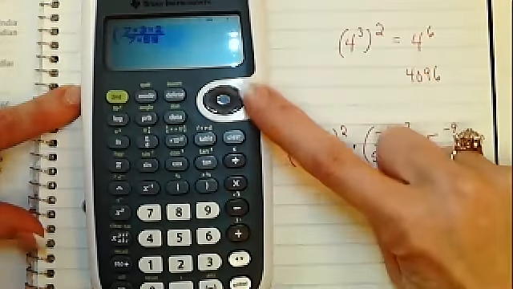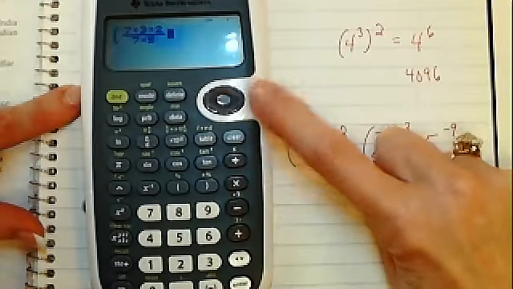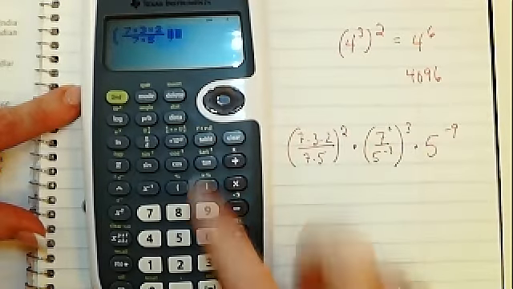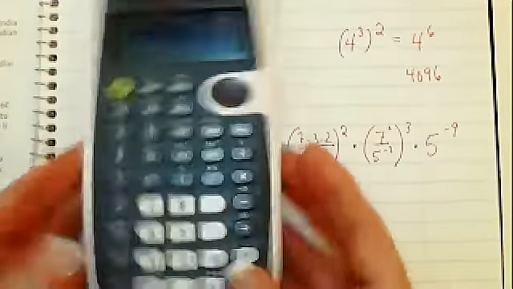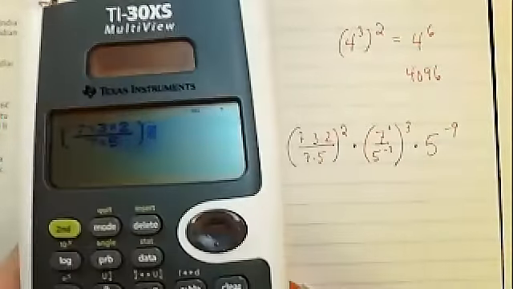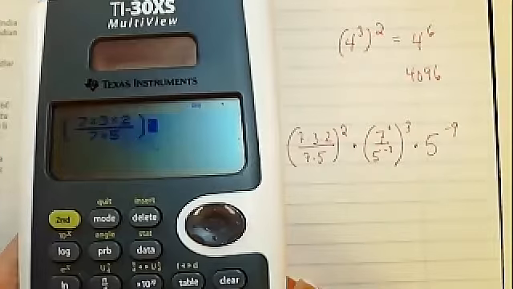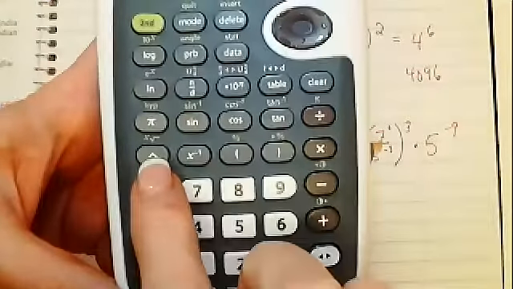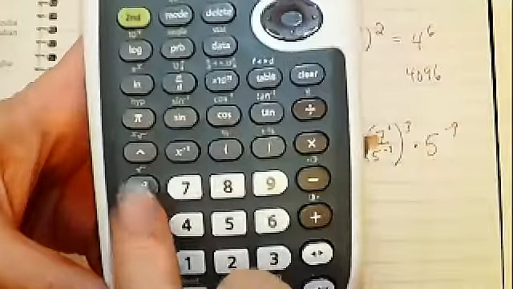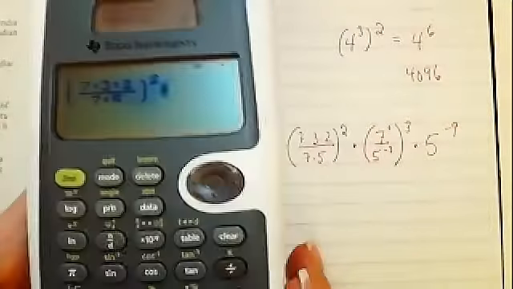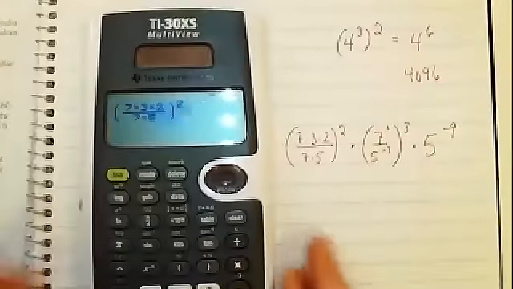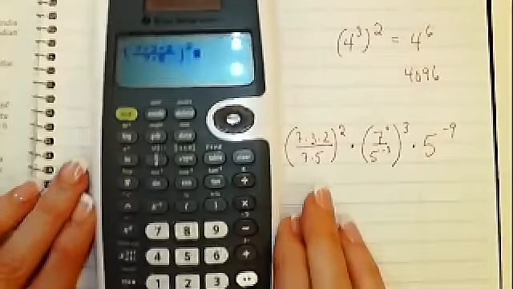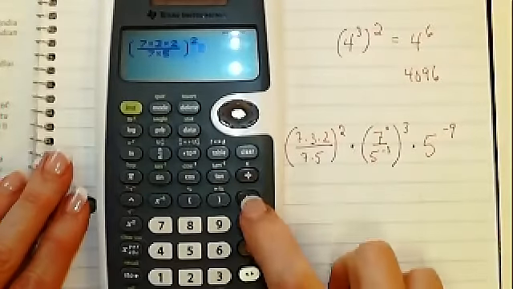Then I'm going to right arrow click so I can get out of the denominator, and now I'm going to end my parentheses. Are you with me? Now I'm going to raise that whole thing to the 2nd power. I could do the caret button and a 2, or this says x squared right here, so I'm just going to hit squared. That's the whole first little section, correct?